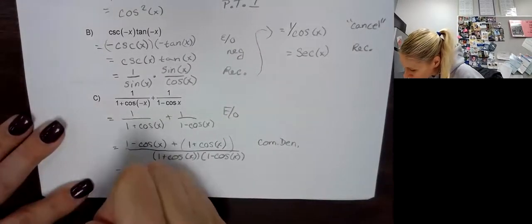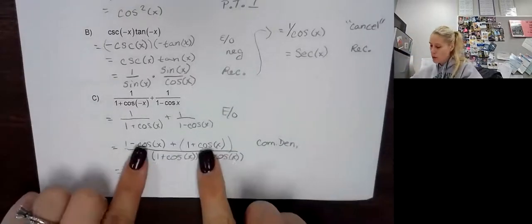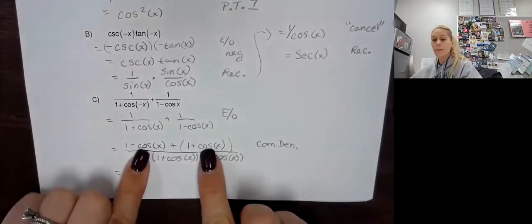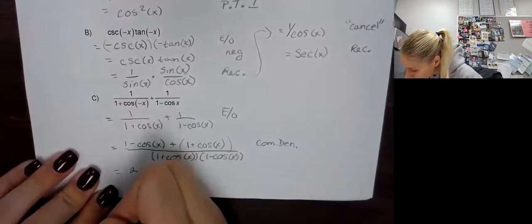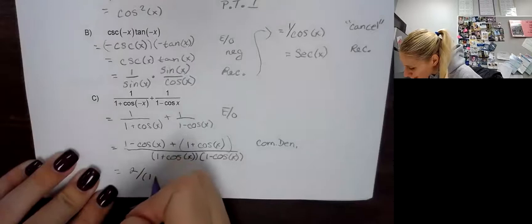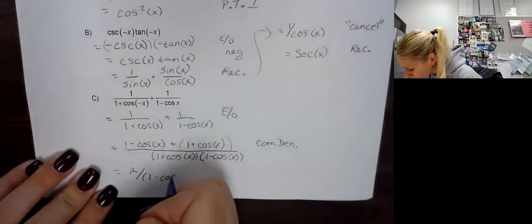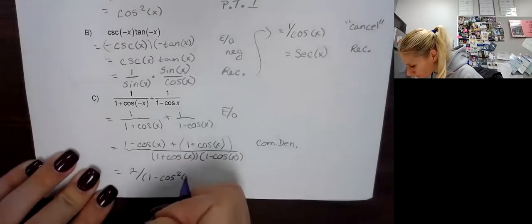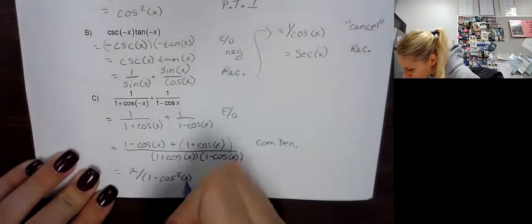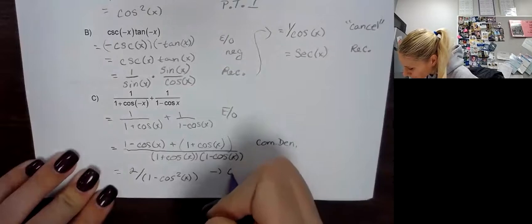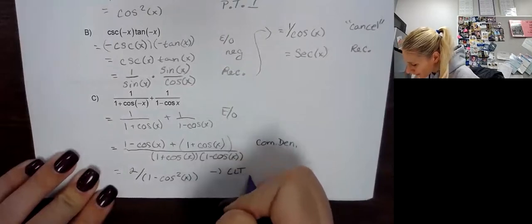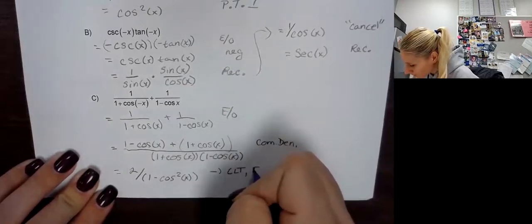So I get 2, and what do you know? Negative cosine x and cosine x, they cancel, so I'm left with 2 on top. And on the bottom, I'm left with 1 minus cosine squared of x. So here, I combined like terms, and I FOILed on the bottom.